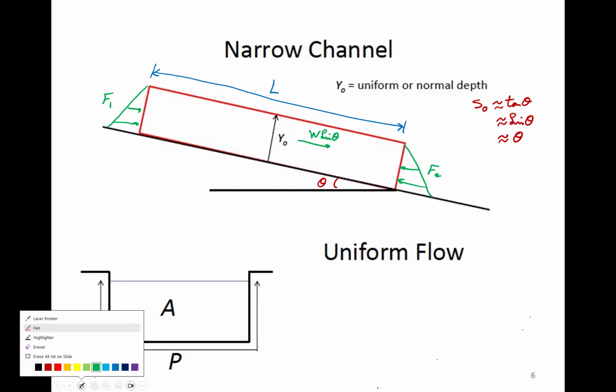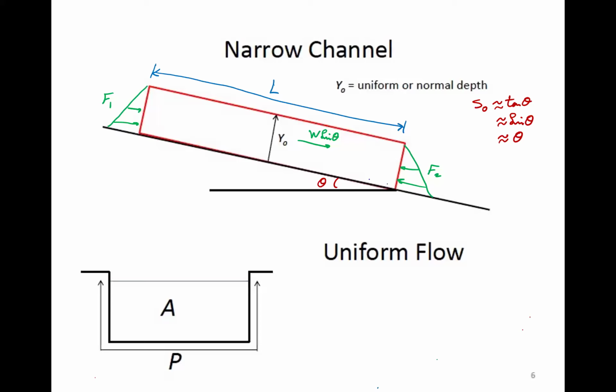And then we have friction along the bed, so something like that, and let's call it tau. Okay, what does this simplify to? What does it look like?